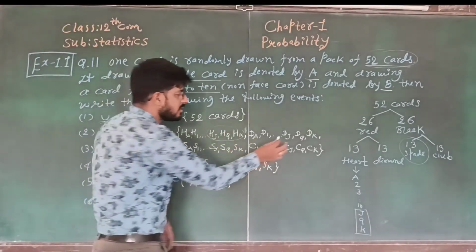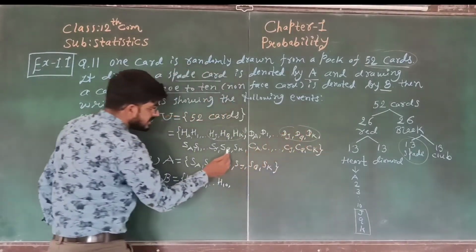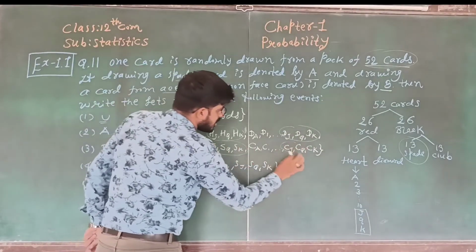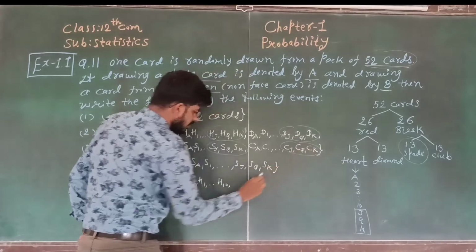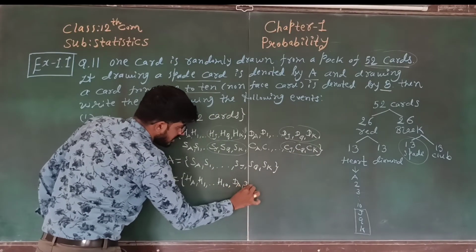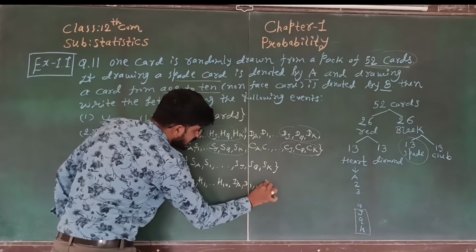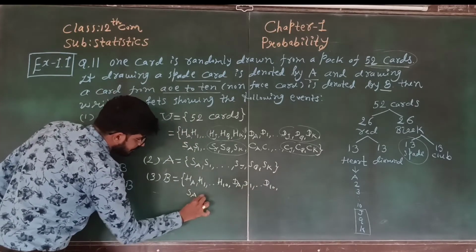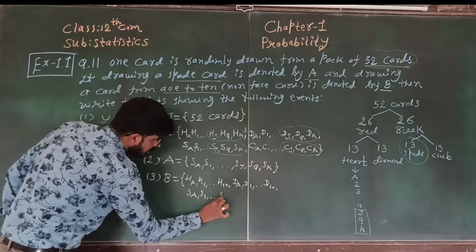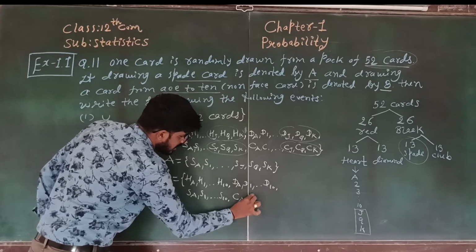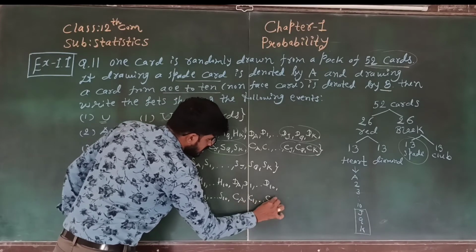Same thing, remove DJ, DQ, DK, SJ, SQ, SK, and CJ, CQ, CK. So we get DA, D1 up to D10, SA, S1 up to S10, and club cards CA, C1 up to C10.